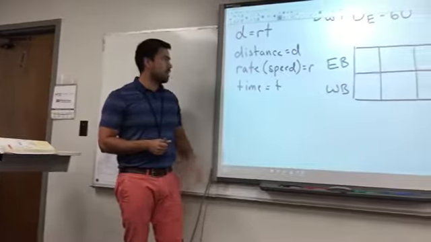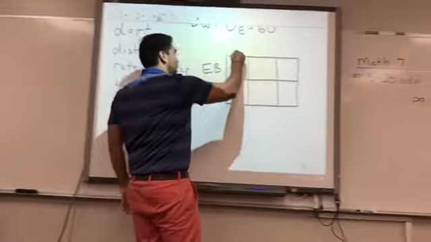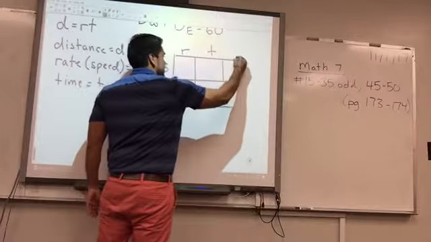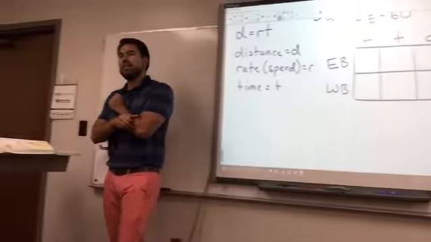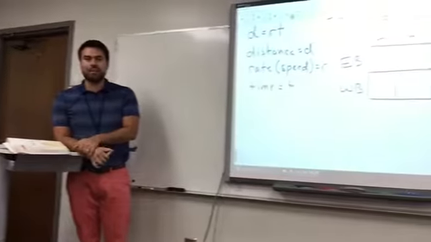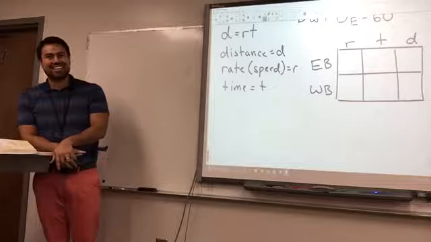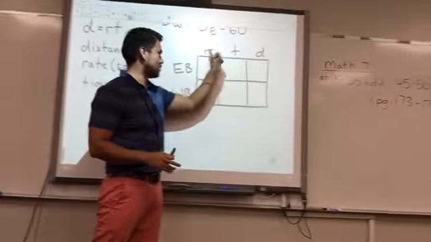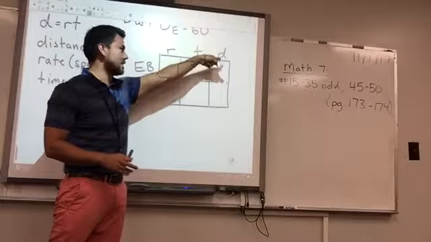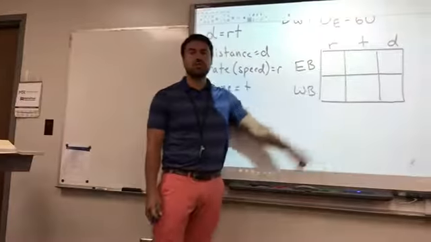The reason I want you to know that is because that's going to be your heading. This is how it goes. You're going to put R, T, D. And how do those relate again? How does R, T, and D relate? Josh. Okay, please remember that. R times T equals D.